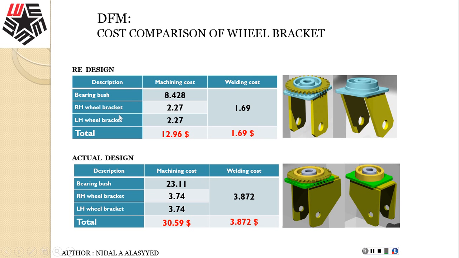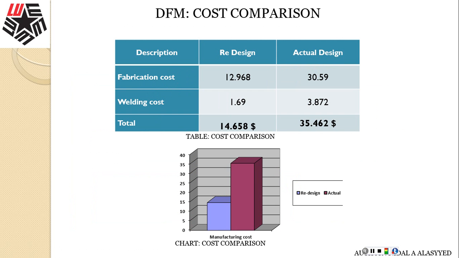On the top table here, the redesigned one, $12.96 for the machining and $1.69 for the welding, compared to $30.59, and the details of the calculations are also provided, but we may not talk too much about it in this presentation. Design for manufacturing, again, cost comparison. I have now combined all the parts being manufactured and fabricated, machined, drilled, all the aspects of machining, in one table.